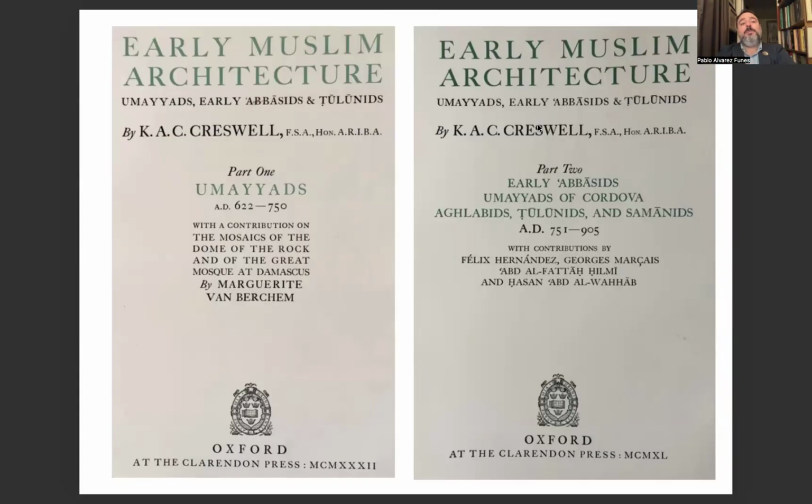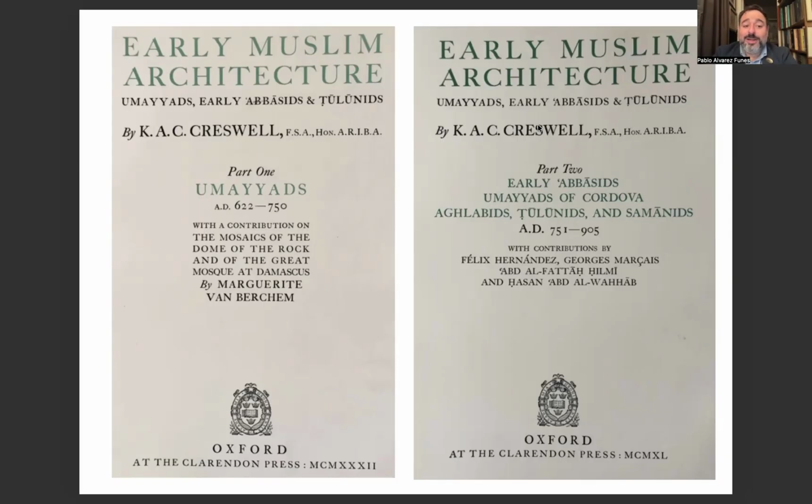Before we continue, I think that we need to make a stop here with this monumental book called Early Muslim Architecture by Creswell in two volumes. One covers the Umayyads and the other covers the early Abbasids, the Umayyads of Cordoba, Aghlabids, Tulunids, and Samanids. So basically up to the 10th century, beginning of the 11th century, although it is said that it stops at the year 905.